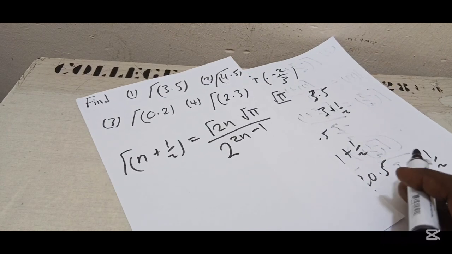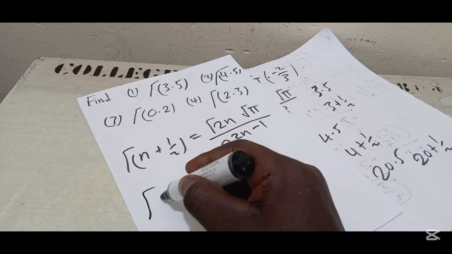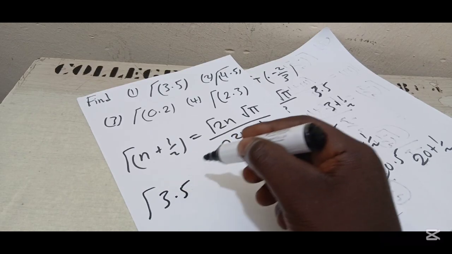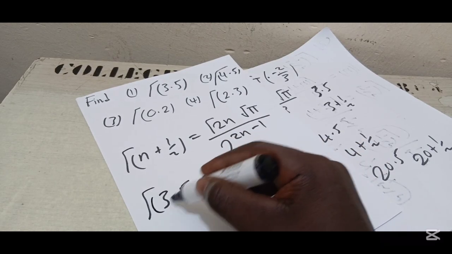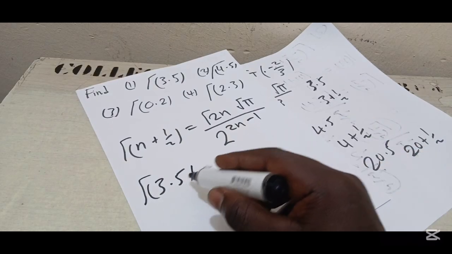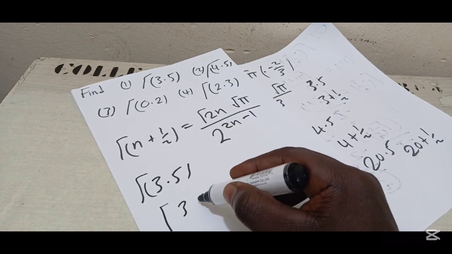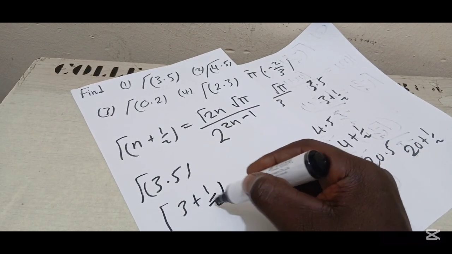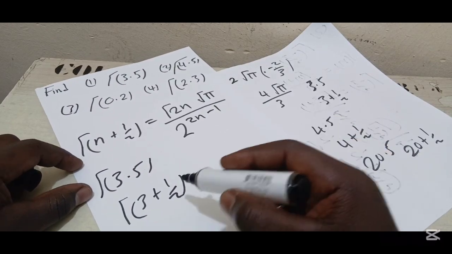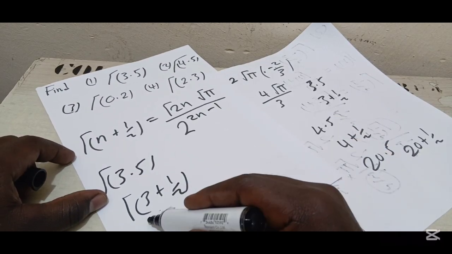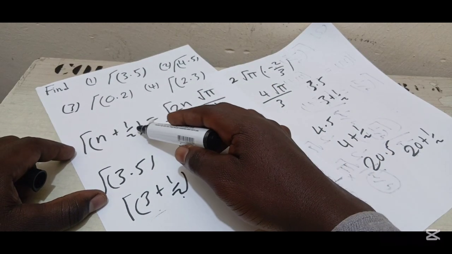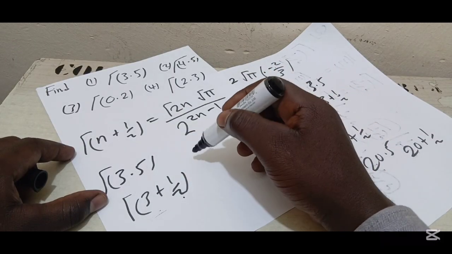So if we are to solve for gamma 3.5, like I told you earlier, this formula is applicable only when we have 0.5 problems. So this 3.5 is the same as 3 plus half, right? Now your n is 3, not the fraction. The half is just something that is there. So your n is 3.